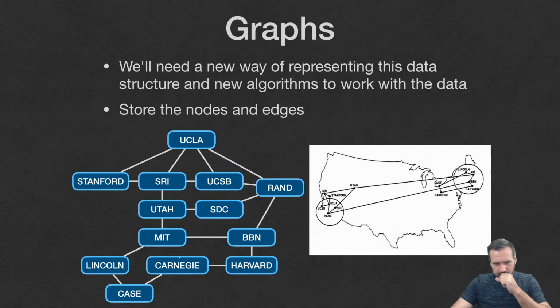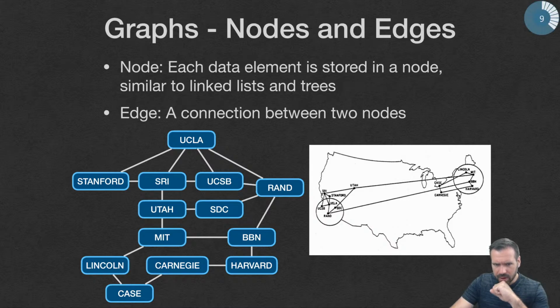So we need to store all the nodes and edges of our graph. We're used to thinking of nodes, but here it's not going to be node objects. We're not going to have a node class. We're just going to have a graph class that's going to know about all the nodes, and each node is a piece of data in our graph.